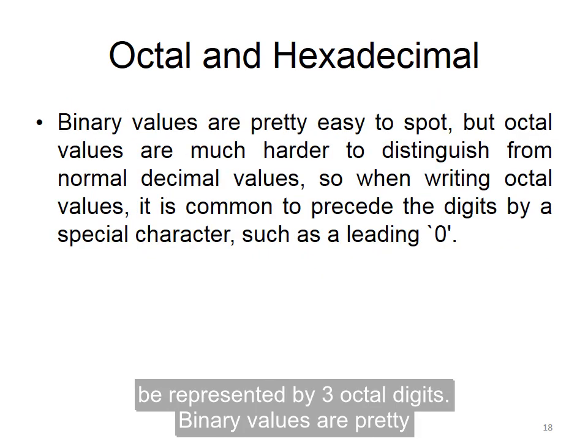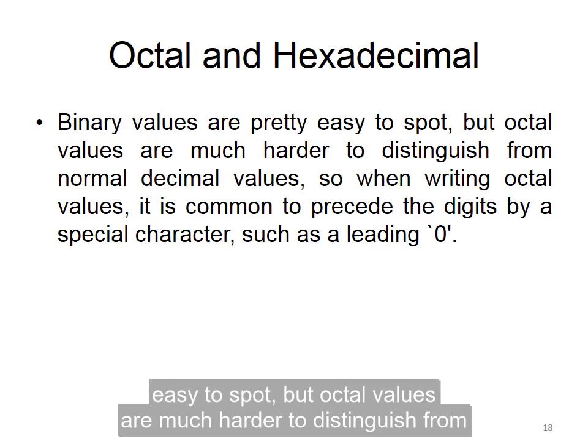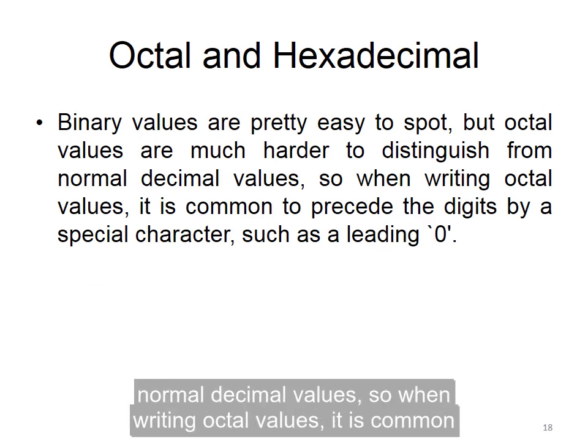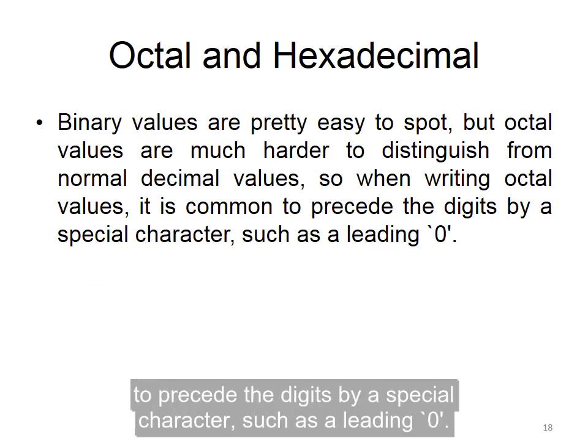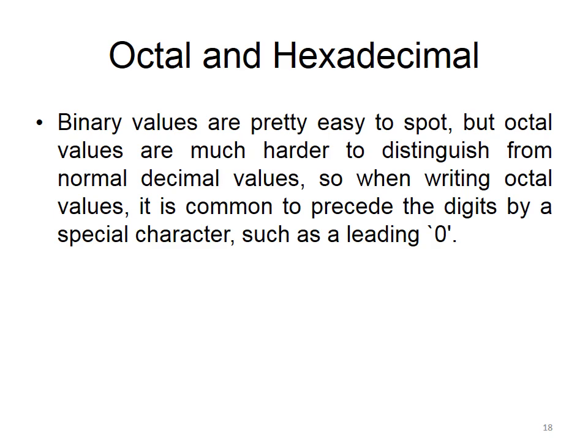Binary values are pretty easy to spot, but octal values are much harder to distinguish from normal decimal values. So when writing octal values, it is common to precede the digits by a special character such as a leading 0.